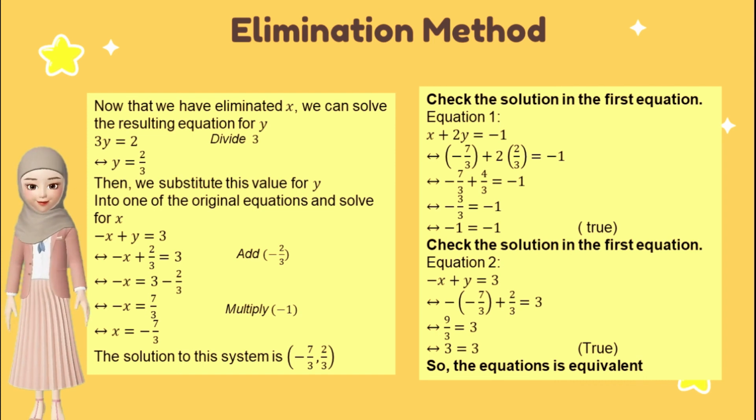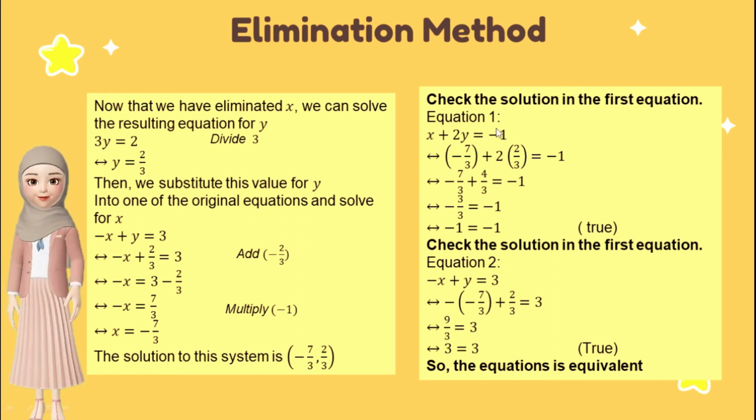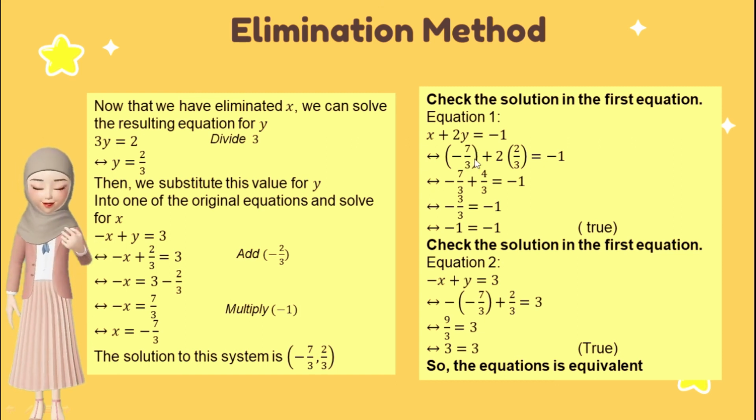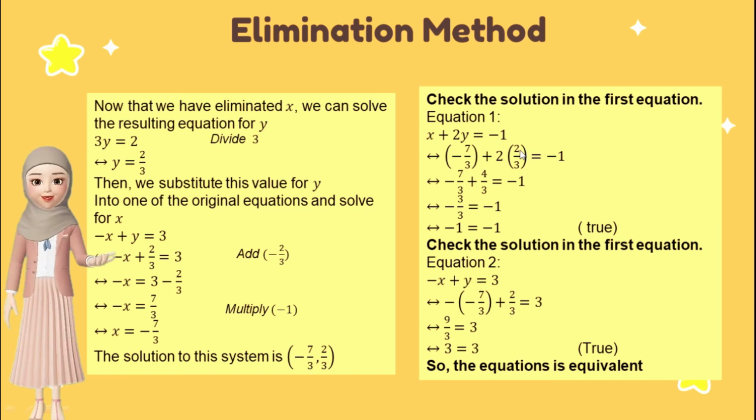Okay, next, check the solution in the first equation. The first equation is x plus 2y equals minus 1. Minus 7 over 3 plus 2 times 2 over 3 equals minus 1.